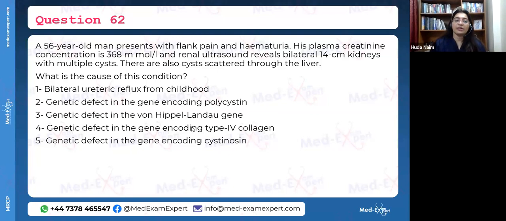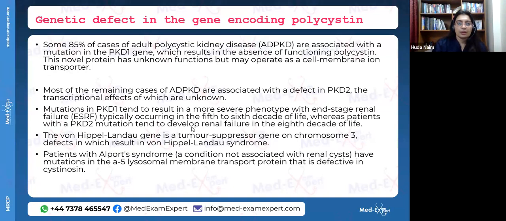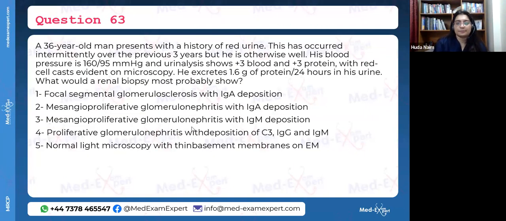If they're only telling you about multiple cysts in the kidneys, they would give you some other association as well, such as retinal hemangioma, lung malignancy, something else associated with it. Okay, the next question.